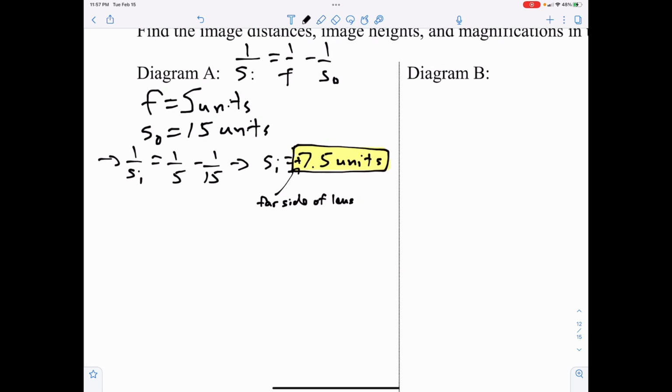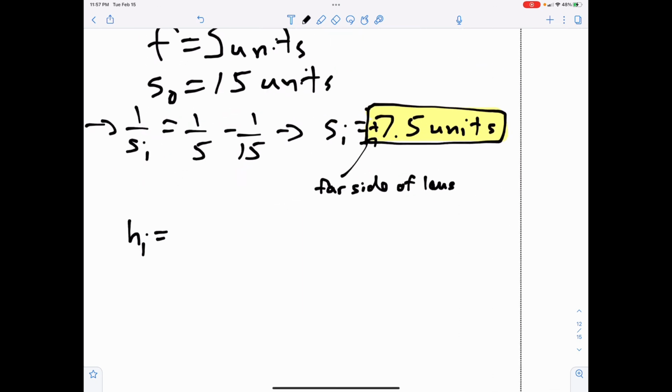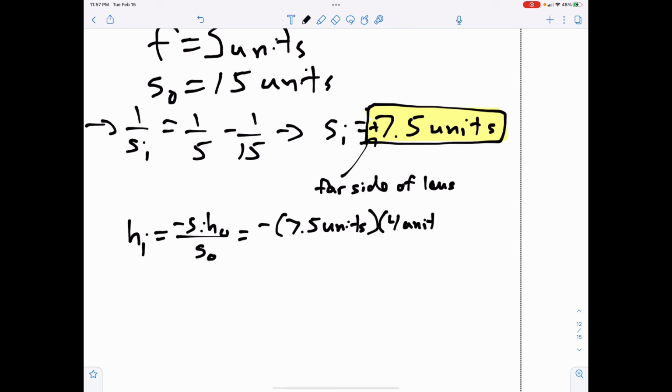Okay, let's find how high the image was. So the image height was negative SI times HO over SO. So negative 7.5 units times the object height, which was 4 units high, if you remember, divided by the object distance, which I think was 15 units.